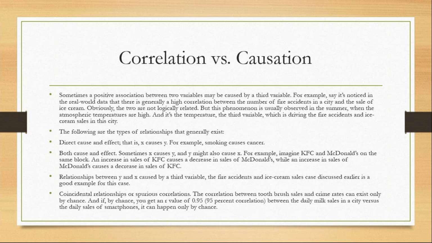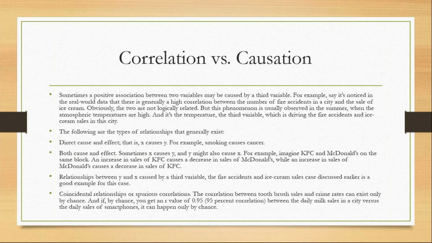So logically, you can infer that there is no correlation between the two, and there shouldn't be. How could ice cream consumption actually be proportionate to a fire accident in a city? So there shouldn't be any correlation, but in this case, you are getting a correlation.